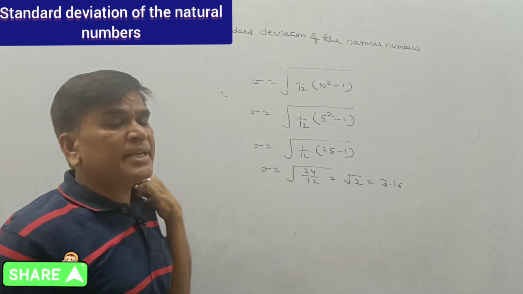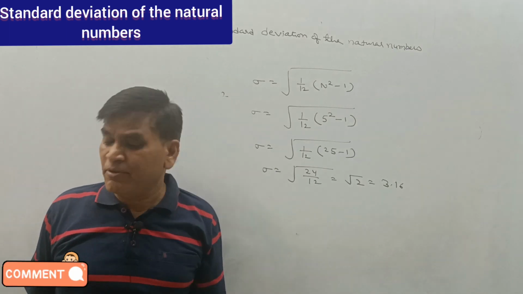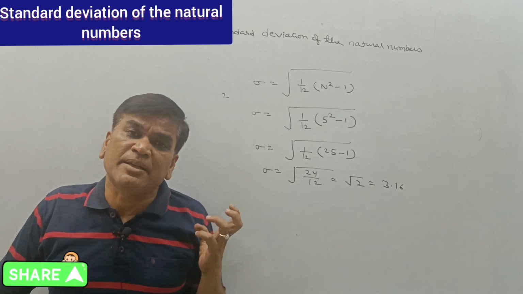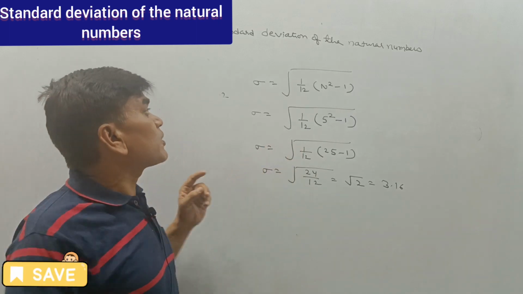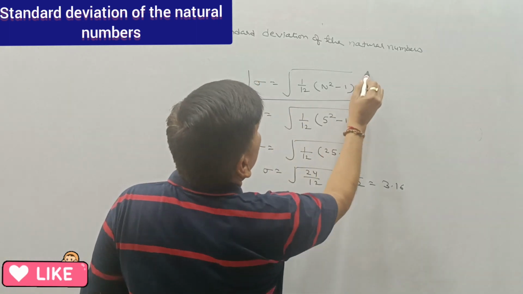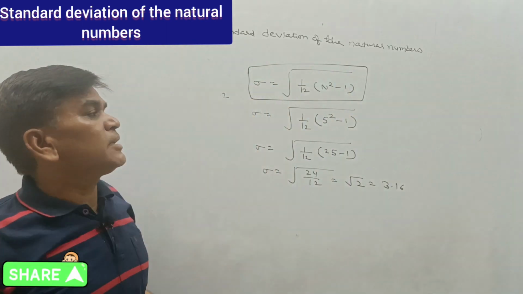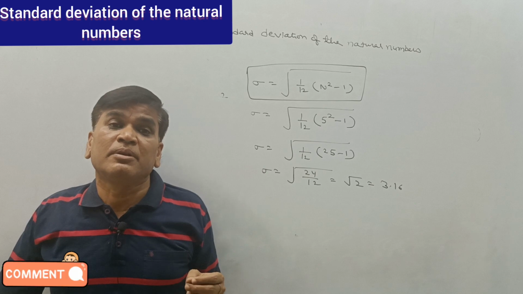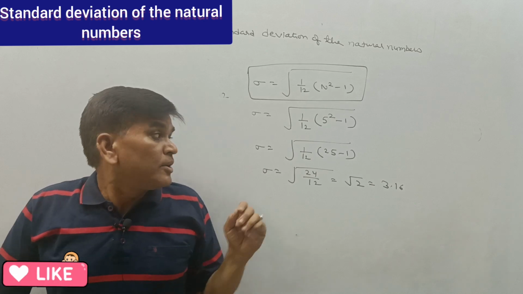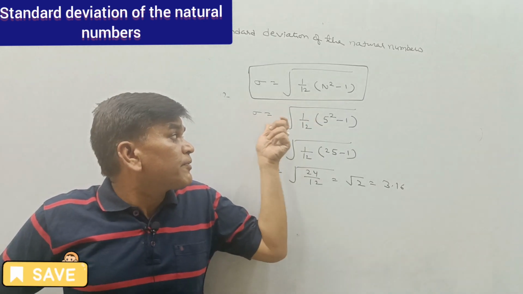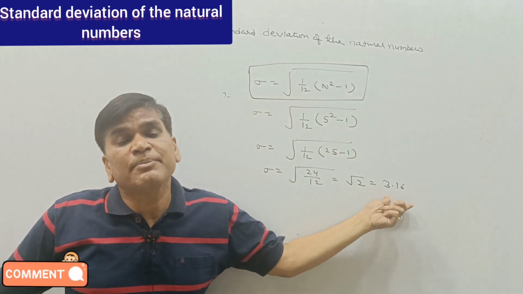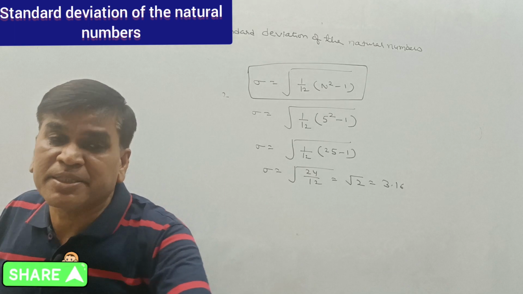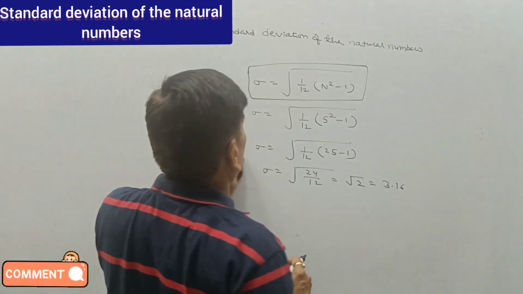So the result is the same. The result from the old method was 3.16, and using this formula for the first 5 natural numbers gives the same result. It means this formula is applicable for the standard deviation of natural numbers.